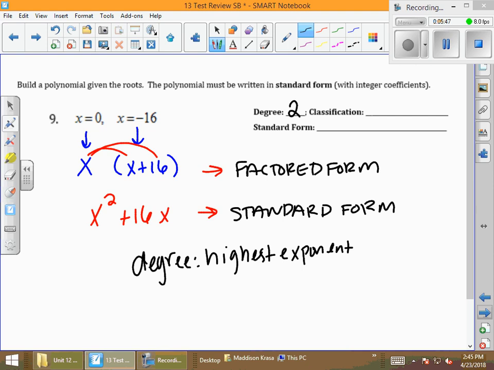Now, if it's an x squared function, we call that a quadratic. And our standard form, again, is that x squared plus 16x. This is a more basic version, very small when it comes to expanding.